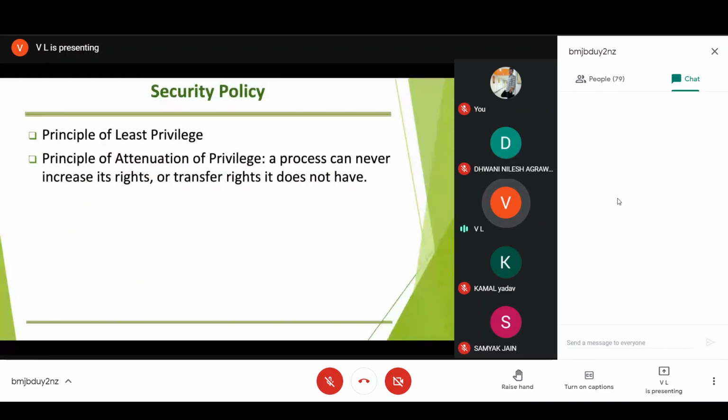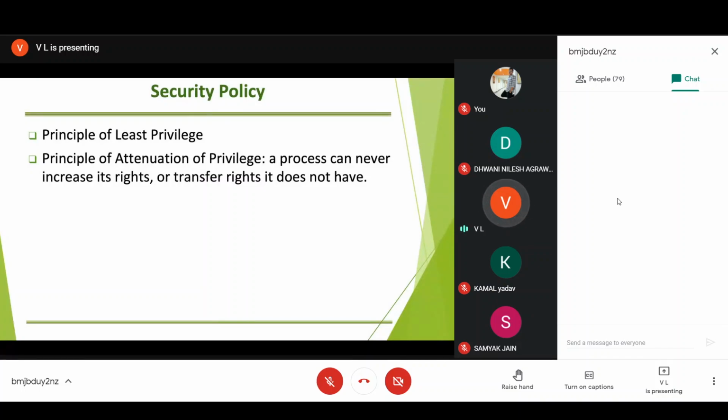Generally, the security policy will follow the principle of least privilege and the principle of attenuation of privileges. The principle of least privilege says that do not give a user more rights than required. If I need to read a file, then I should only be allowed to read the file. I should not gain access more than reading the file.